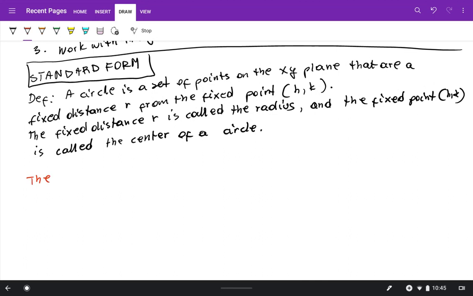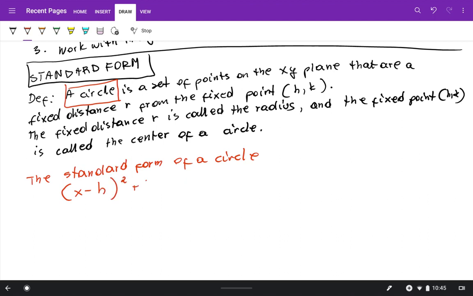Again, first I talked about the definition of a circle, but the standard form of a circle looks that way: x minus h squared plus y minus k squared equals r to the second power.